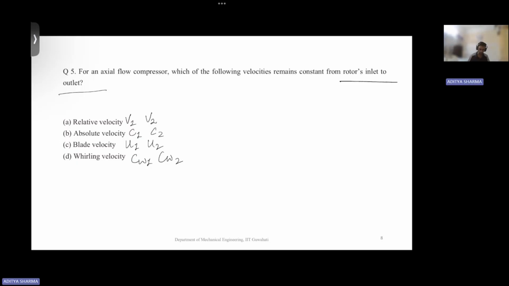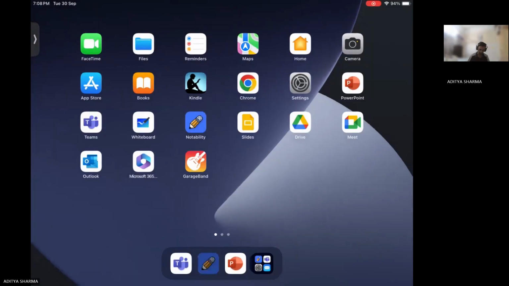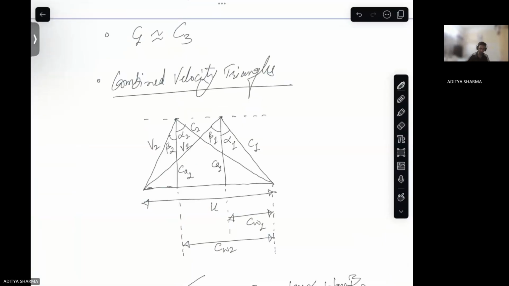Again, going back to the velocity triangle diagram. If you see, U remains constant. Even the axial velocity we consider as constant.